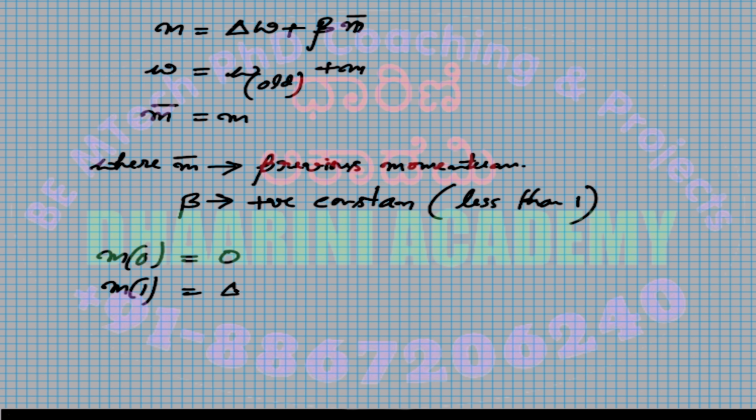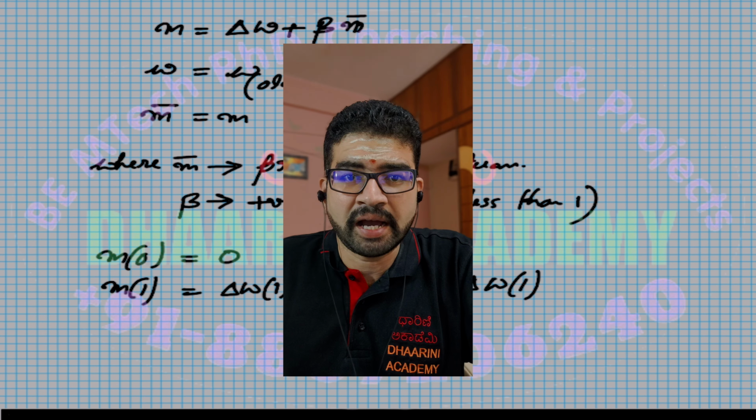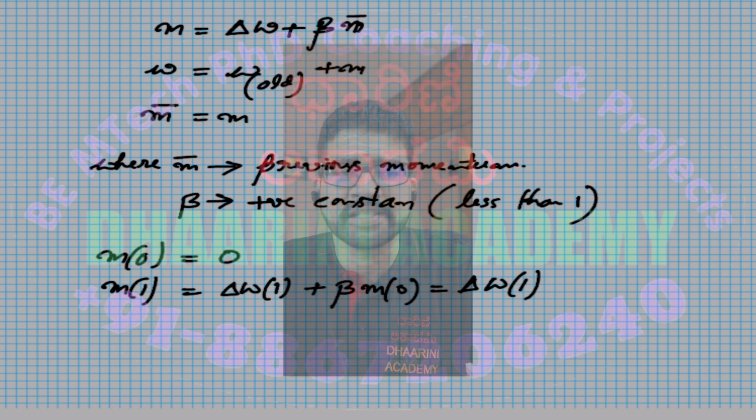That is delta w of the first instant, that particular iteration, plus a beta into the past value. The past value is actually 0, but let me write it there. So this is m of 0. Since m of 0 is 0, this is simply delta w of the first. So whatever was the past weight change you had, that change becomes your momentum in the next case.